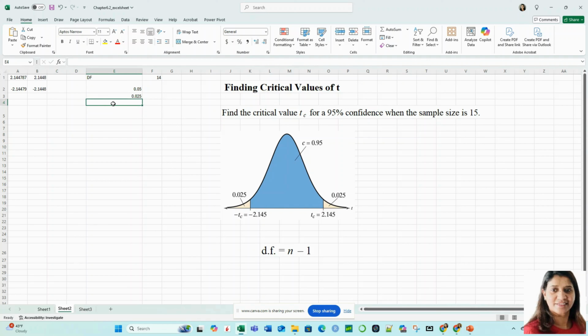So I will type here critical value is 2.1448.